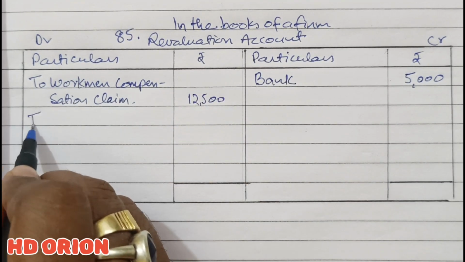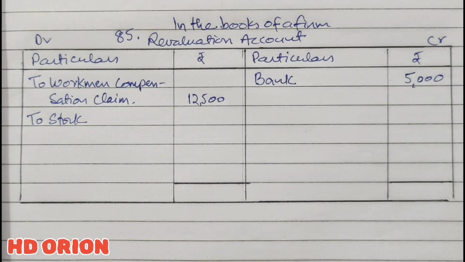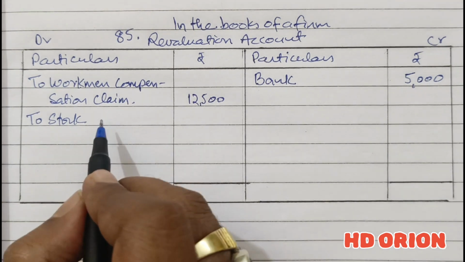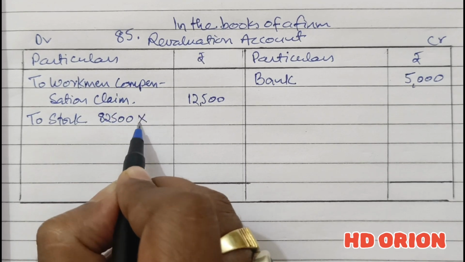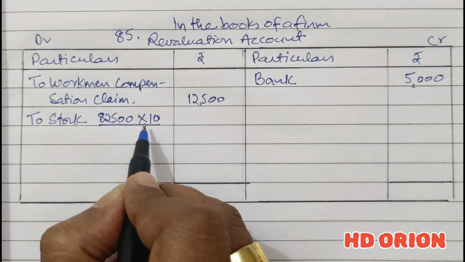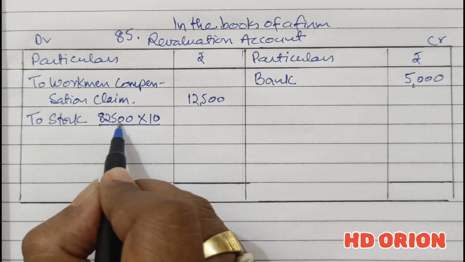Then stock is overvalued, so we will decrease the value of stock. You see, stock is overvalued by 10%. It means the stock is at 110% in the balance sheet. So instead of 110%, we have to bring it down to 100%, which will be the true value of stock. Stock given in the balance sheet is 82,500 and we want 10% to be reduced from its book value, and this value is 110% of the stock.